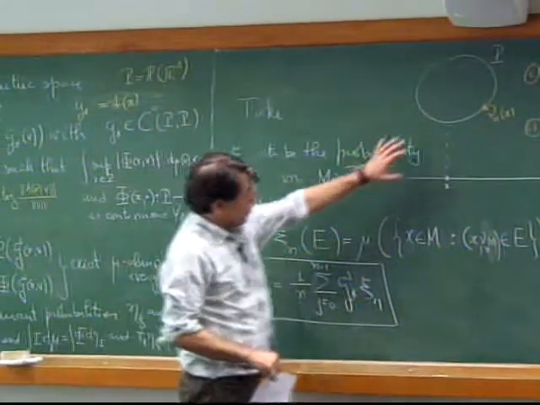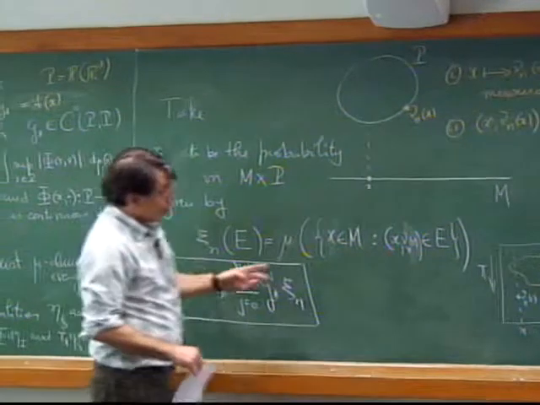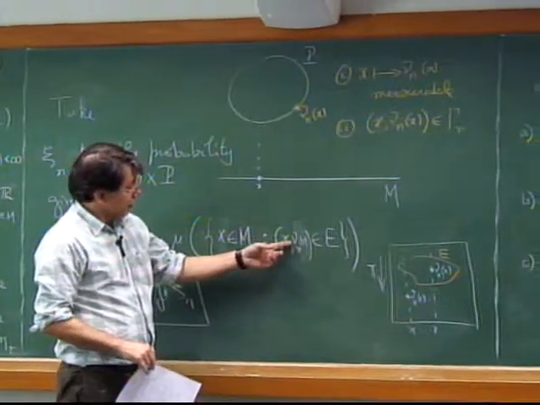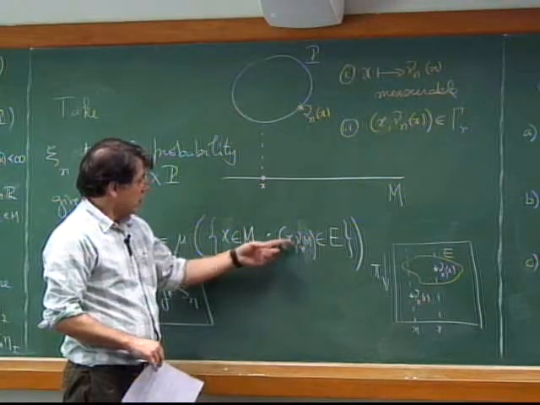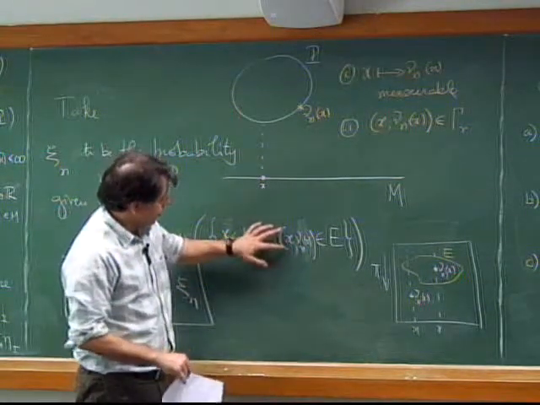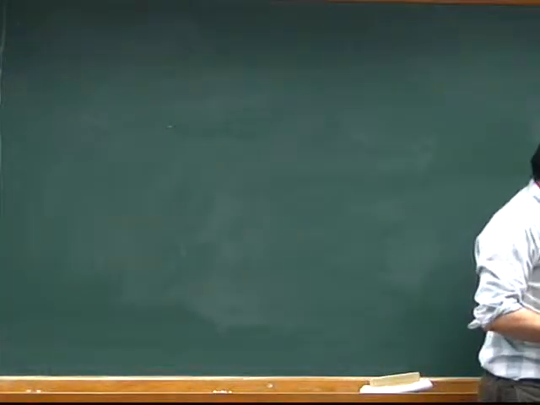And that gives me a measure in the product space. Now I need it to be invariant, but it is already located in the right place because this measure only cares for these points, and these points by construction are points where we have the maximum growth. Okay?